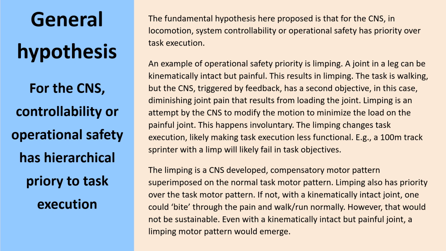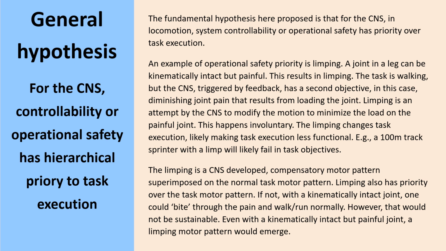Limping is an attempt by the central nervous system to modify the motion to minimize the load on the painful joint. This happens involuntarily. The limping changes task execution, likely making task execution less functional. For instance, a 100-meter track sprinter with a limp will likely fail in task objectives.